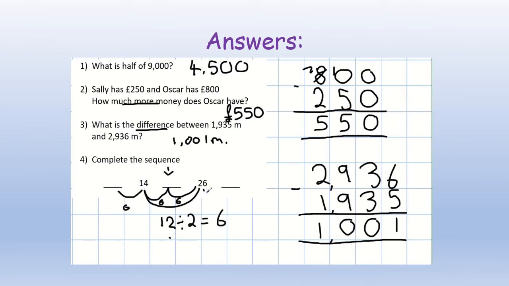And knowing that, you can then work out the answers. So 14 add 6 is 20, 20 add 6 is 26, 26 add 6 is 32, and for our final one we're going backwards, so this will be 14 subtract 6, which gives us 8.